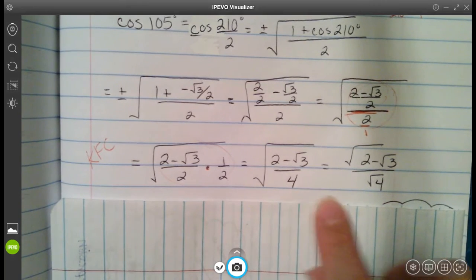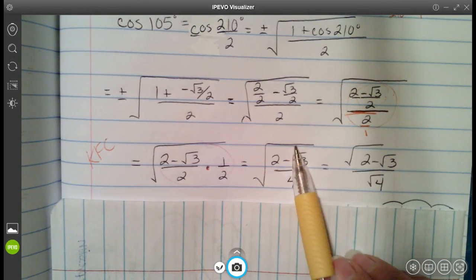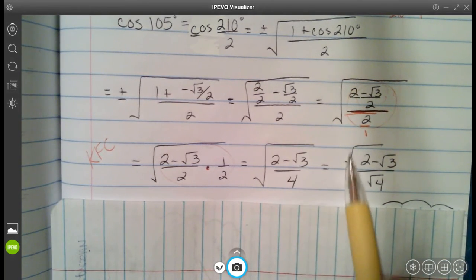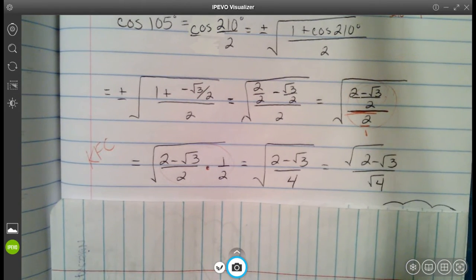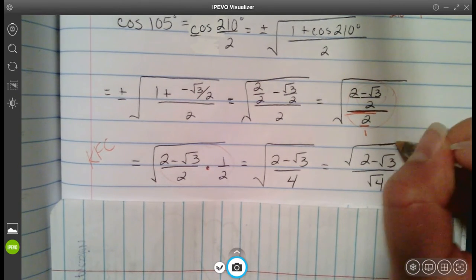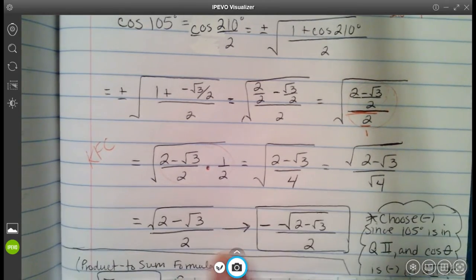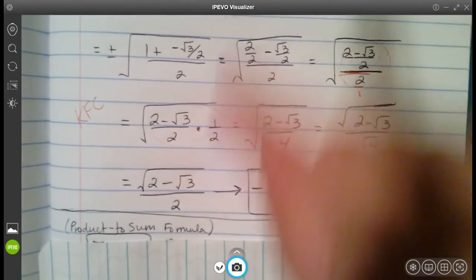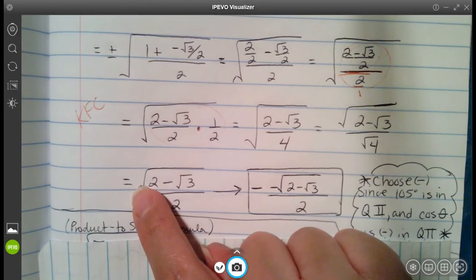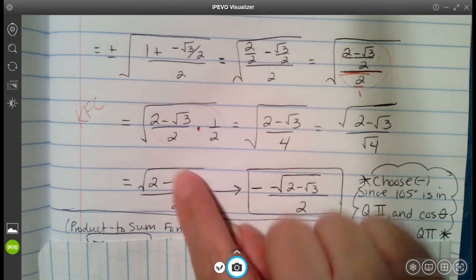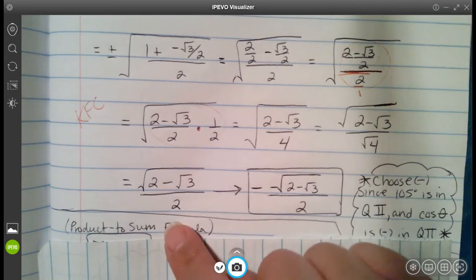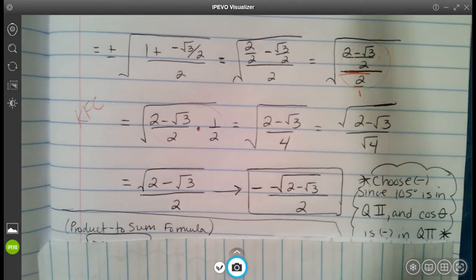But luckily for us, since we're taking the square root of all this, it's the same as taking the square root of the top and the bottom. That should be all the way there. So the square root of 4 is equal to 2. And that means I can go ahead and just say the top is square root of 2 minus square root of 3. I can't do anything to that one. That one stays the same. But I have that 2 by itself now with no root anymore.